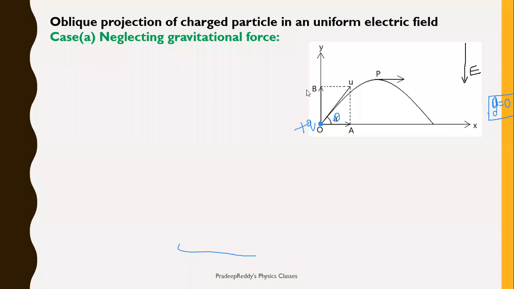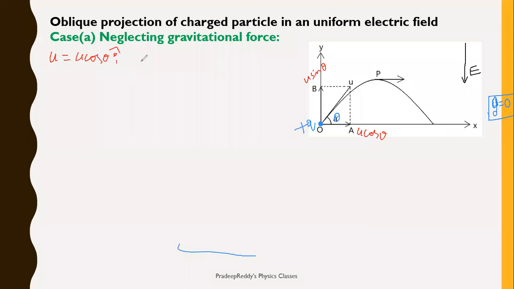Now let me write that equation. Initial velocity along the x-axis is u cos theta, and along the y direction it is u sin theta. I'll now write it as u = u cos theta i cap, because this is along the x-axis.